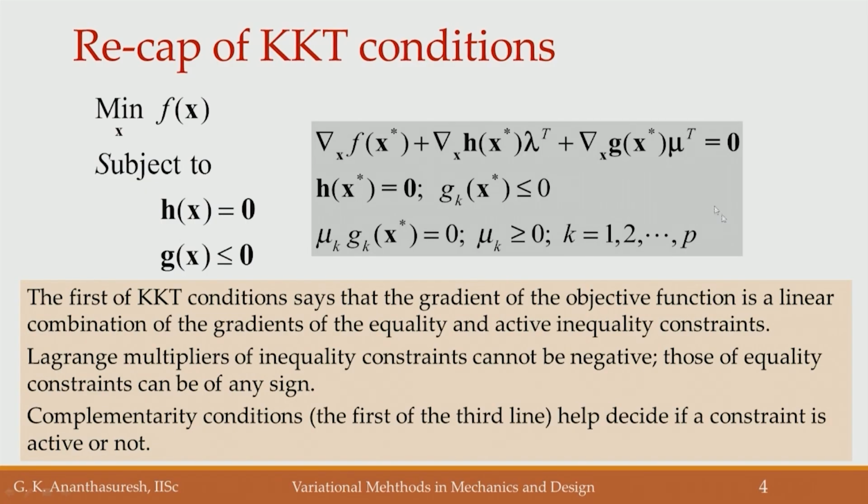That is why we use different symbols, lambda and mu. Mu has to be non-negative, whereas lambda can be negative or positive or 0. Complementarity conditions are the ones which tell you how to decide whether a given constraint is active or inactive.